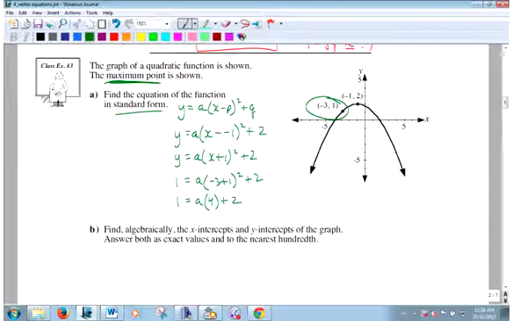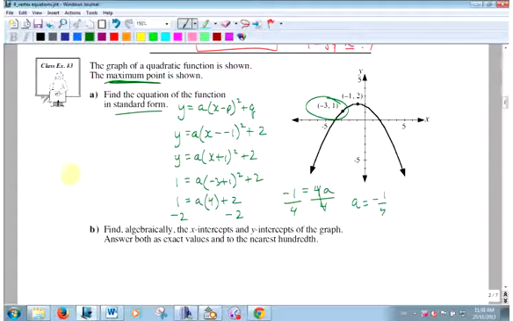What would you do next, Jake? Divide by 4? Minus 1 is 4a. Now would you divide by 4? So would I. Okay, a is minus a quarter.